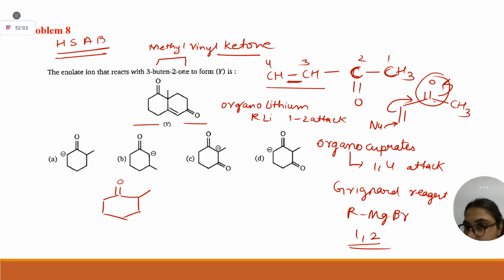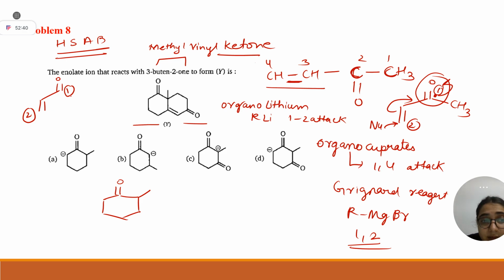Tell me where there is more electrophilicity, at carbon number 1 or carbon number 2, where there is more electron deficiency. If I am having this molecule, students, this is your carbon number 1, this is your carbon number 2. Tell me where the intensity of positive charge is more, on carbon number 1 or 2? One, exactly.